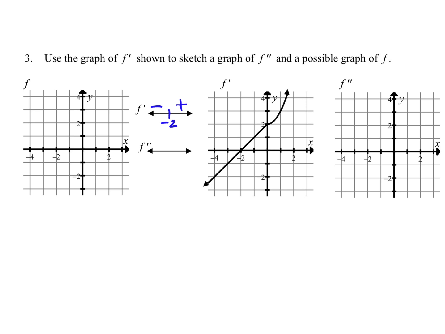As far as the second derivative goes, what's my only critical value here? Zero. Right here we have the little, I'd call that a cusp right there, a sharp turn. What will not exist here? The second derivative will not exist here because I have a sharp turn. So that's going to be important when we go to graph here.